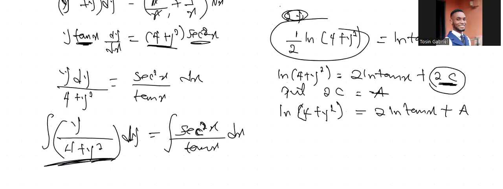Now we have ln of 4 plus y squared equals 2 ln tan x plus a.